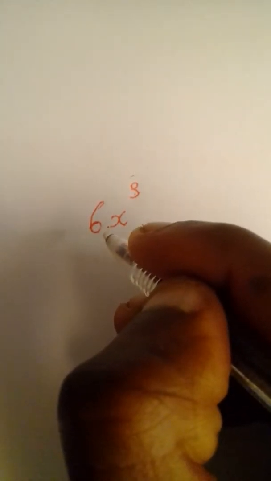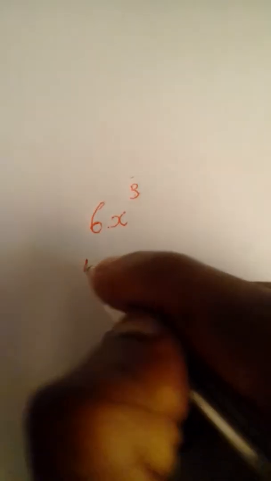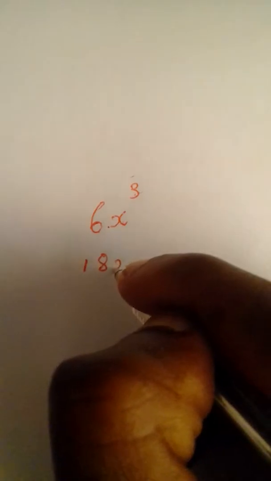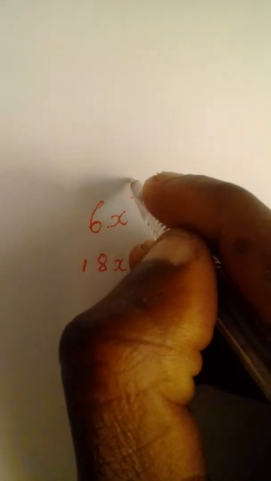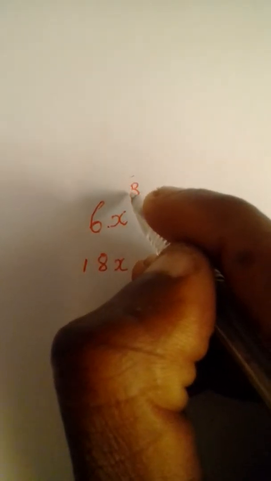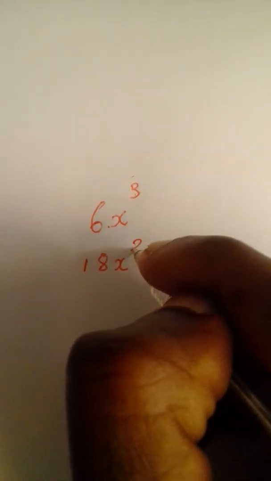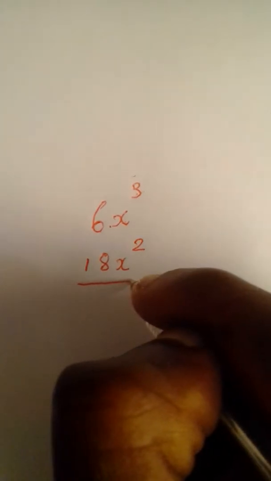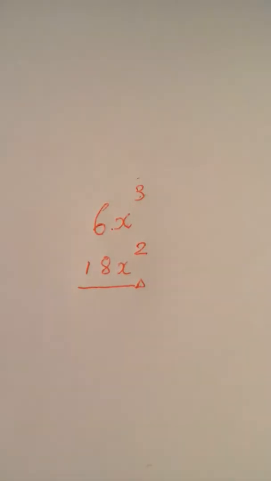How much is 3 times 6? 18. You write the variable as it is, x. What do you do to the exponent? Subtract 1. So you say 3 minus 1. The answer is 2. So the derivative of 6x cubed is 18x squared.